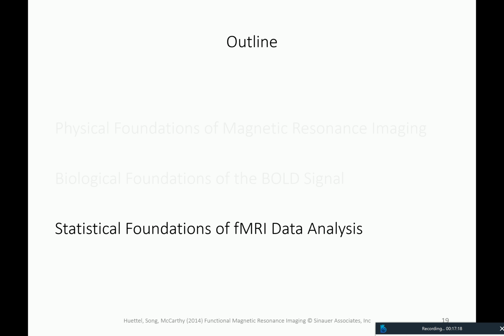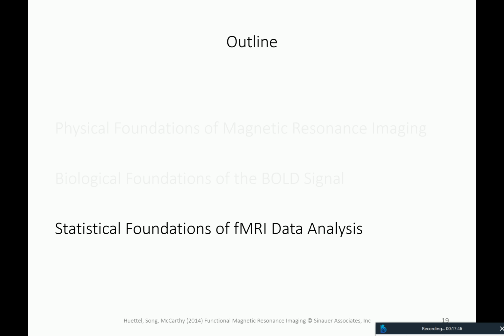Well, what I'm trying to say is that what most fMRI papers actually focus on is not so much these physical and biological foundations. They might not talk about that the BOLD signal is an indirect measure of neural activity and that it has to do with blood flow. It's likely that a typical neuroimaging paper will not talk about this.